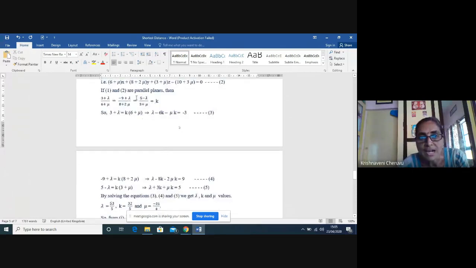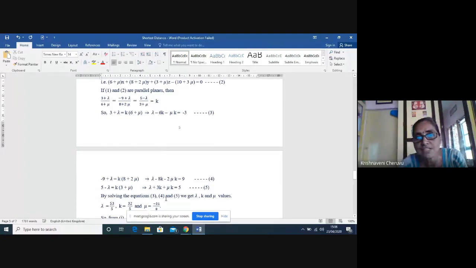And from the last identity, 5 minus lambda by 3 plus mu is equal to k, you get 5 minus lambda is equal to k into 3 plus mu, from which you get equation number 5. Now you have three equations in your hand, and how many unknowns, girls? Three unknowns, lambda, k and mu. So you have to solve these three equations to get lambda, k and mu values.